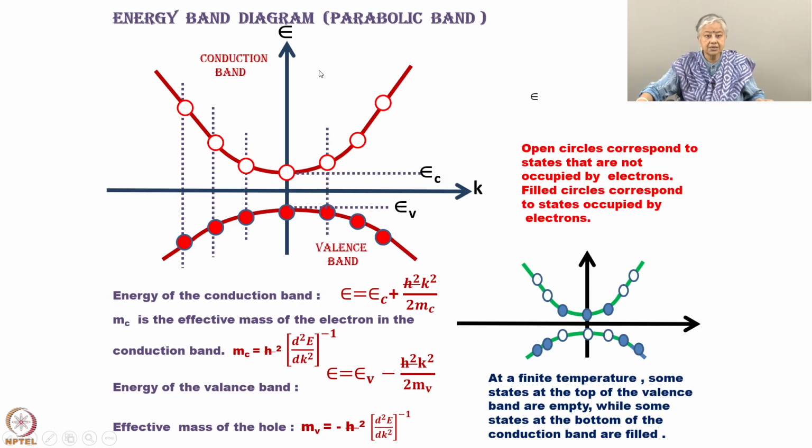One is a conduction band and one is a valence band. And if you notice this EC, that is the energy of the lowest conduction band. These are all in the higher conduction band, and EV is the energy of the highest energy band of the valence band. This is the lowest and this is the highest energy.